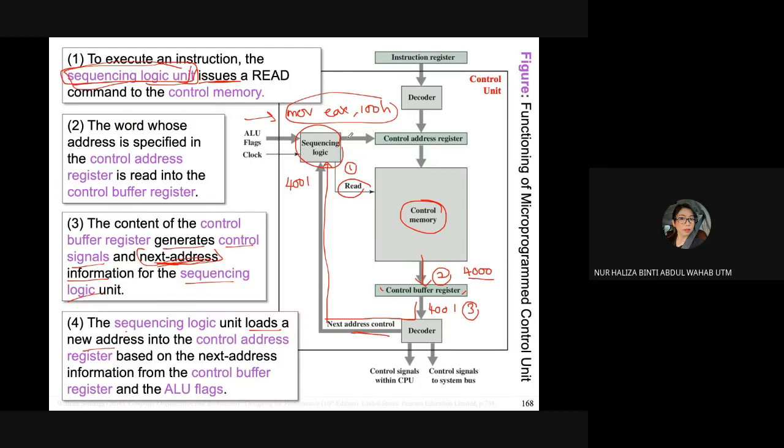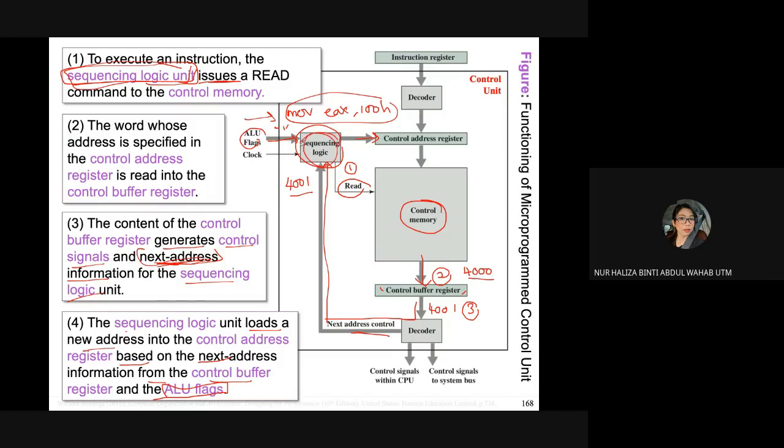And it's not going to be the next address, but you're going to see the next address from the control buffer. This is the control buffer you were given with this value, and also your ALU flag over here. So there is input. Let's say your ALU flag is 1. So what happens when you have this and this?